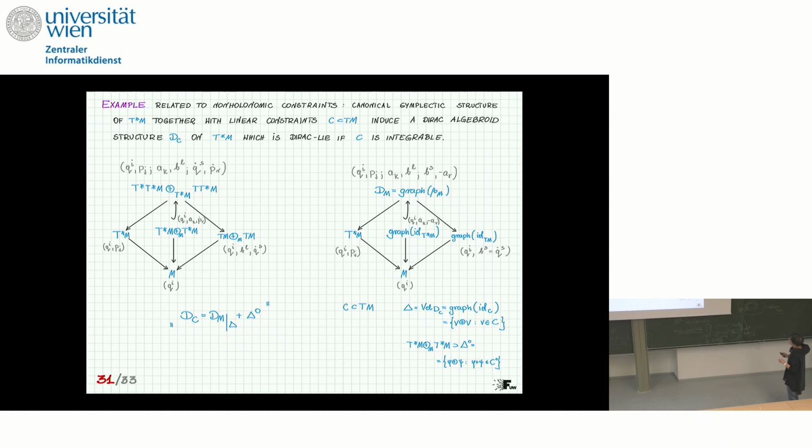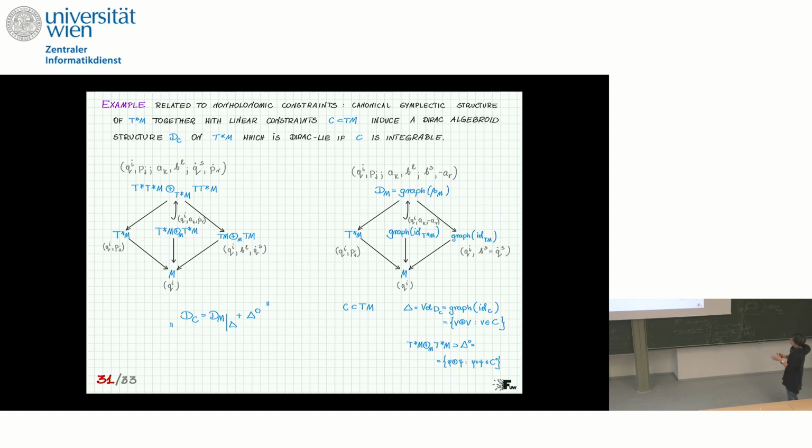So I take only the graph of the identity. So the same here and the same here. Whatever covector here, the graph of the identity here, and the graph of my symplectic form, which in the language of the Tulczyjew triple is the graph of this map beta m. It is in coordinates written here. So you see that these coordinates are the same, and here are the same coordinates with the minus.